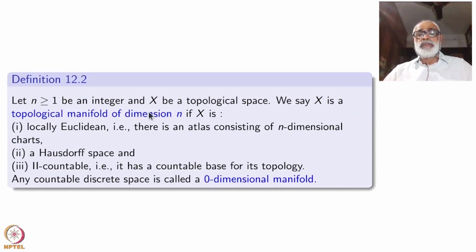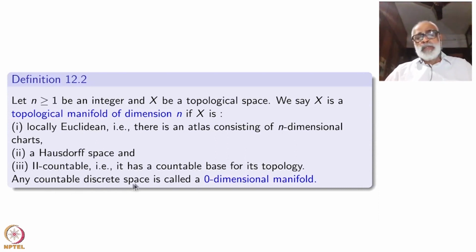Now this n is occurring there also, same n. The second and third conditions are just ordinary topological conditions. X is a Hausdorff space and second countable. Okay, so these two extra conditions we put because we don't want to deal with non-Hausdorff spaces. We don't want to deal with non-second countable spaces because then we cannot do any analysis.